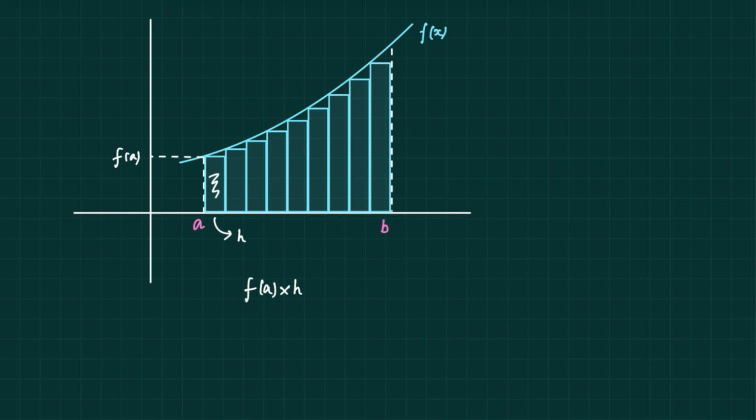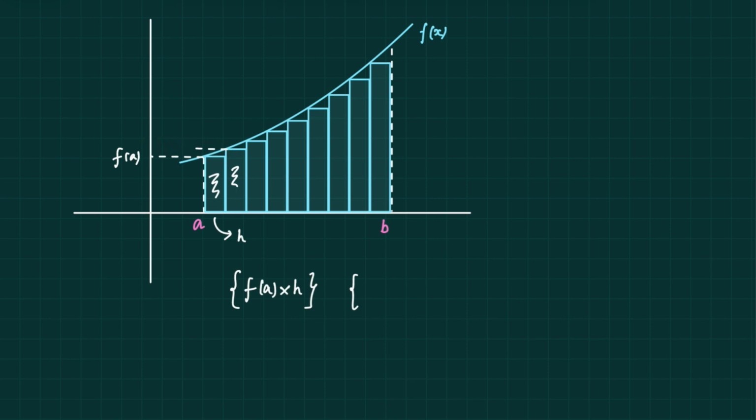And in order to find the area of this second rectangle, the length here is f of a plus h, because this point is a and this point is a plus h. So the functional value corresponding to this is f of a plus h.